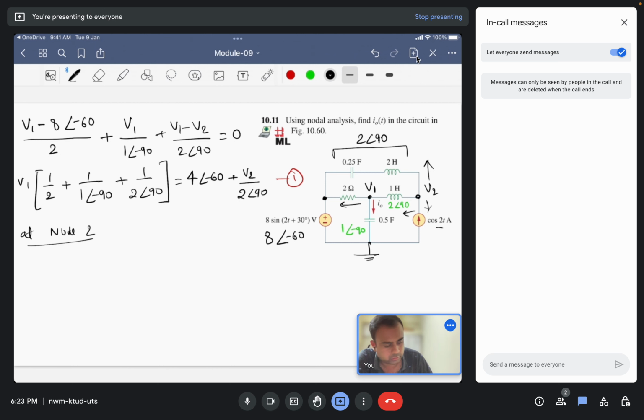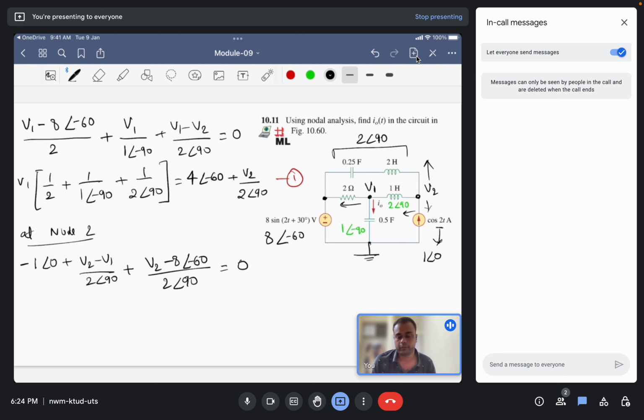First of all, the phasor of cos 2t is 1 angle 0. The direction is opposite, so minus 1 angle 0, plus V2 minus V1 by 2 angle 90, and plus V2 minus 8 angle minus 60 divided by 2 angle 90 is equal to 0.